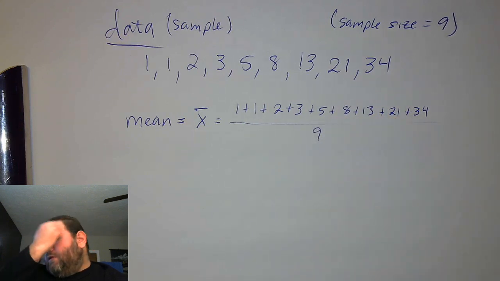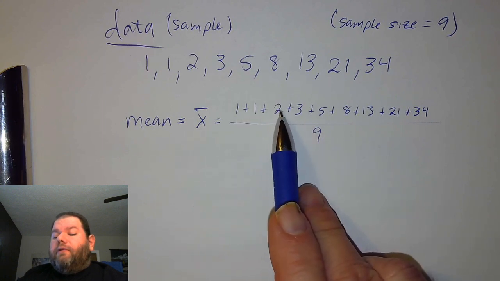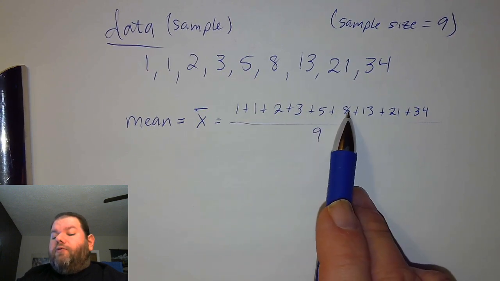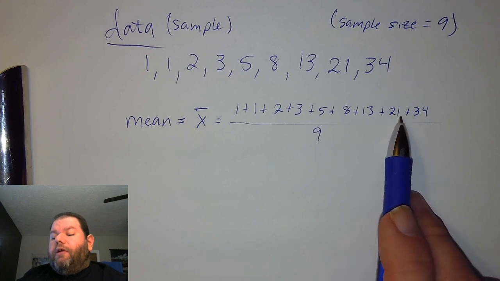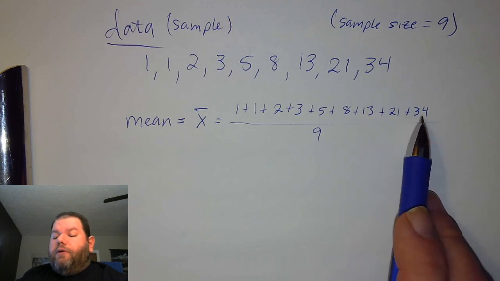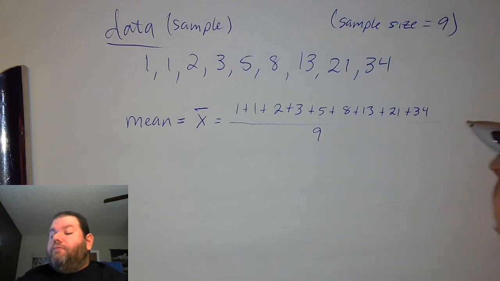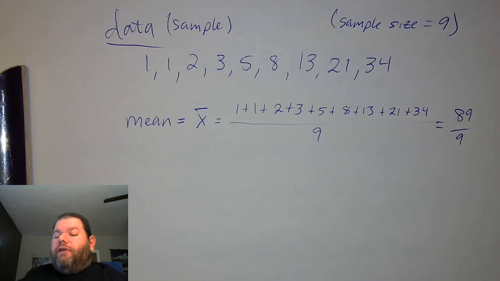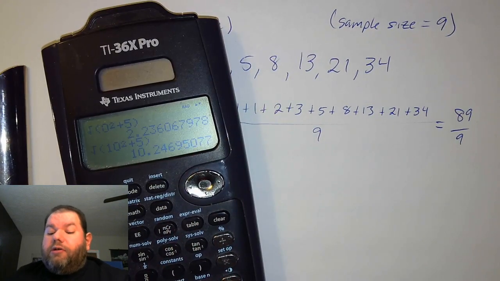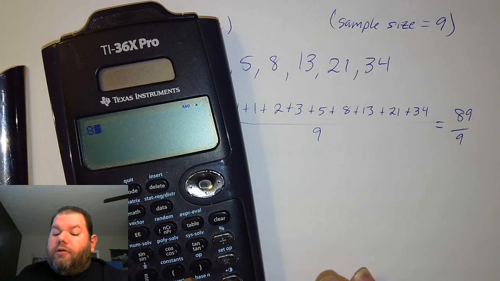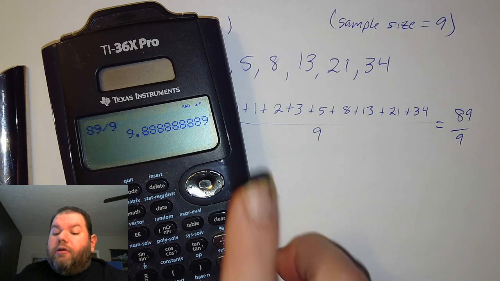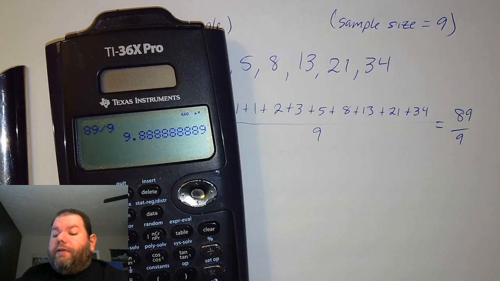And let's see. So that's 4, 7, 12, 20, 33, 54, 89 divided by 9. So it looks like a little bit less than 10, but completing that calculation, we get 9.8, and this repeating.